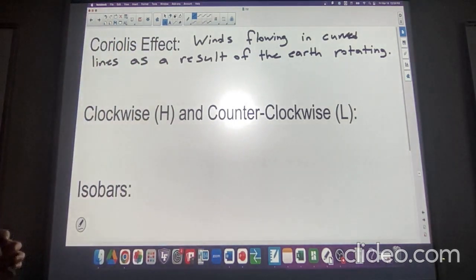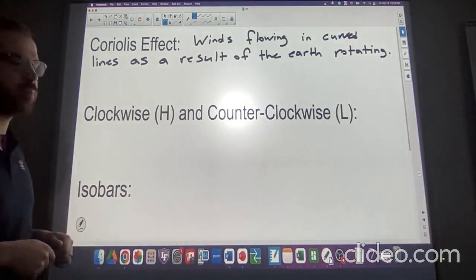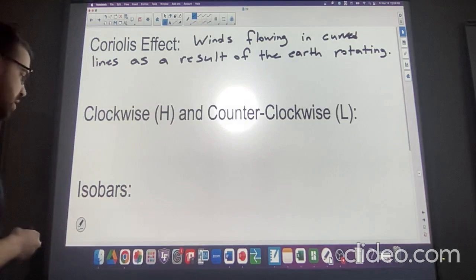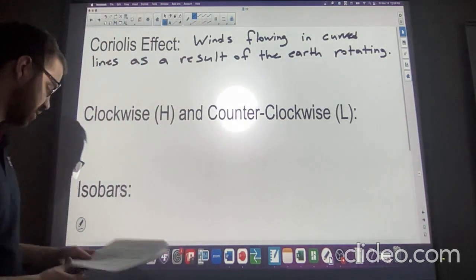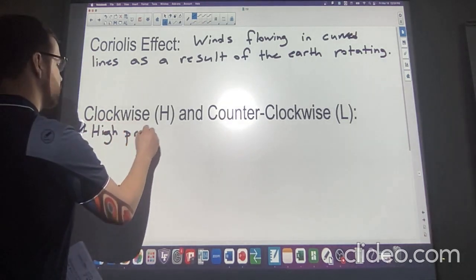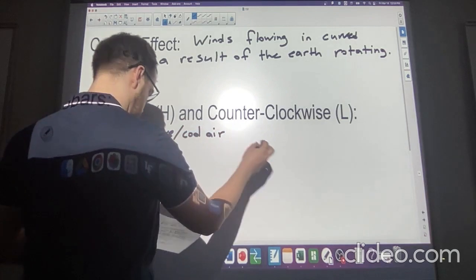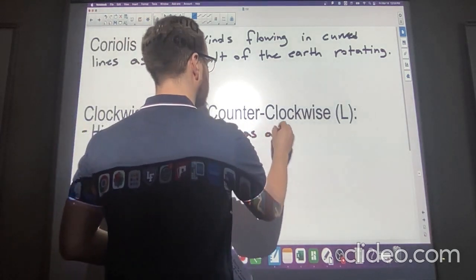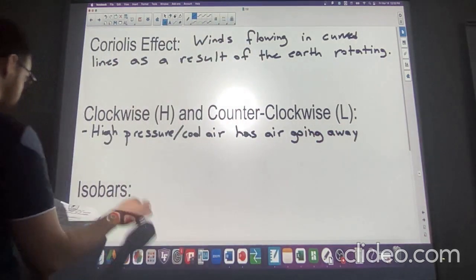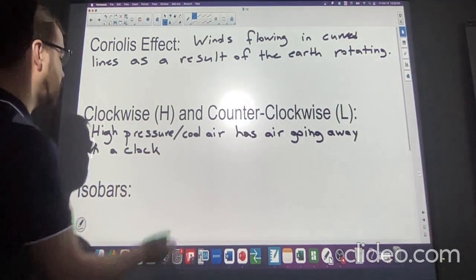Okay, so we have two things that happen with high and low pressure pockets. So if it's clockwise, that is going to move clockwise when we have a high pressure system. So high pressure, aka cool air, has air going away in a clockwise direction.